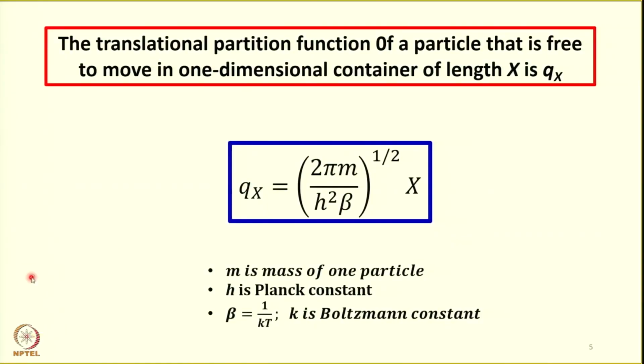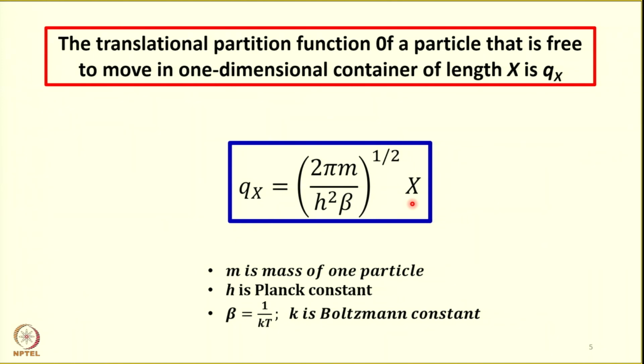Translational contribution to partition function. We have derived the expression earlier when we talked about the movement of a molecule or atom in one dimension. And remember that at that time we derived this expression Qx is equal to square root of 2 pi m over beta h square, into x, where x is the length of the container, length of one dimensional container.